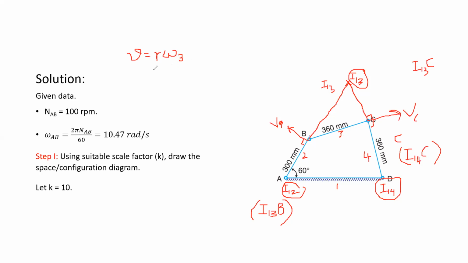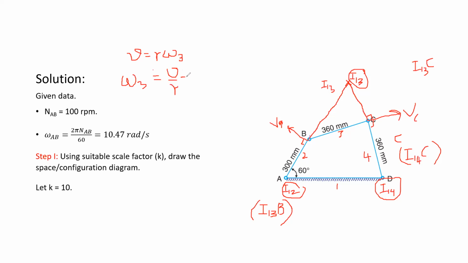So suppose for that what you will need, you need the velocity and radius of any one point which is on link 3. Omega 3 कैसे find out होगा? Omega 3 can be found, omega 3 is equal to velocity upon radius.